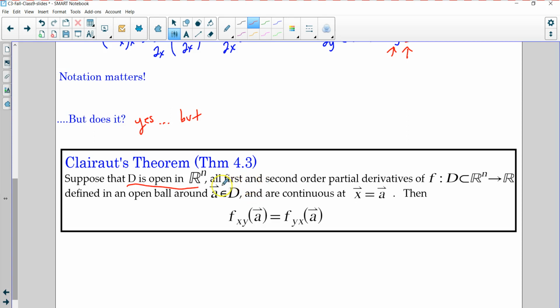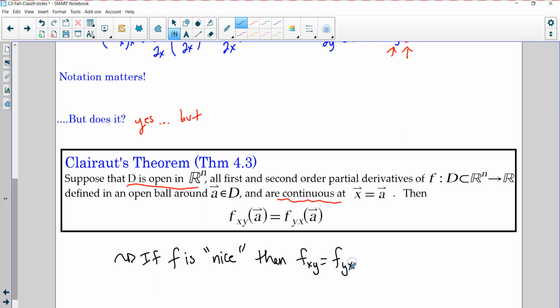Then we have first and second order partial derivatives of f defined on that domain in an open ball, and they have to be continuous. Then all this says is that mixed partial derivatives are nice. So the takeaway is, if f is quote-unquote nice, then we have f sub xy is equal to f sub yx. And this is going to get us through many, many hurdles.